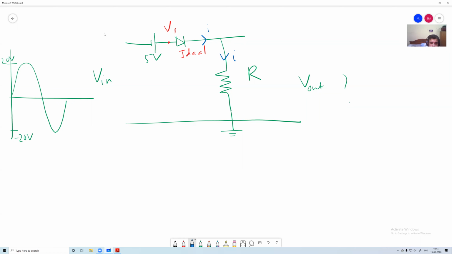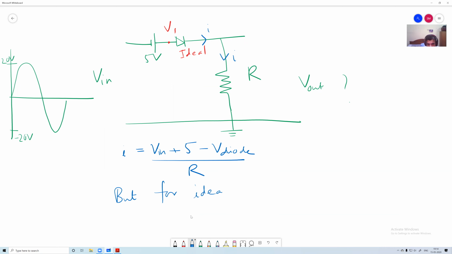So I is V in plus 5 minus V diode by R, but for an ideal diode V diode is 0 volt. So I is equal to V in plus 5 by R.